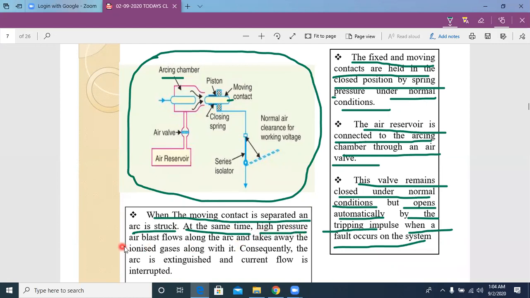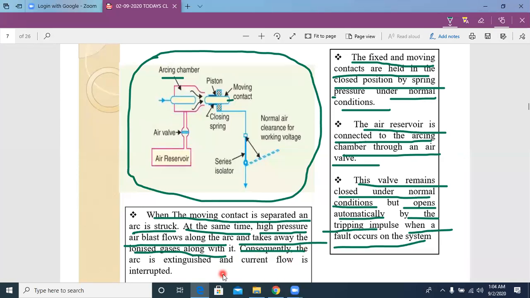At the same time, the high pressure air blast flows along the arc and takes away the ionized gas along with it. When the airflow takes away the ionized gas from the contacts, automatically the dielectric strength of the medium between the contacts is increased.